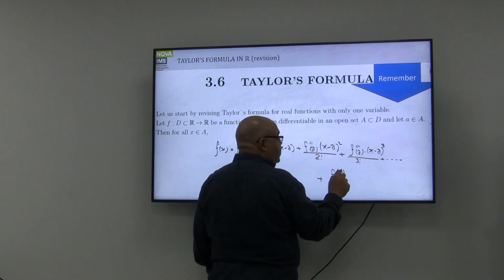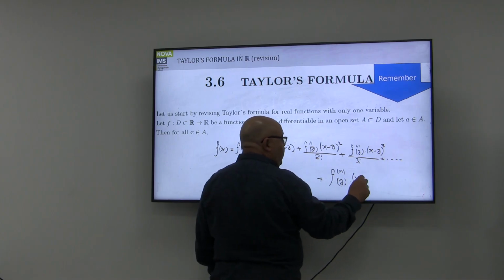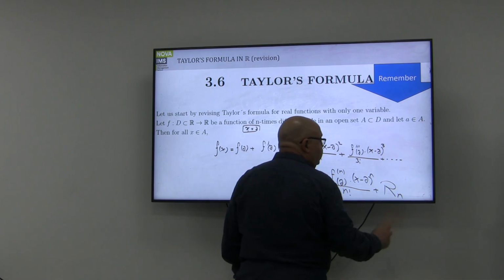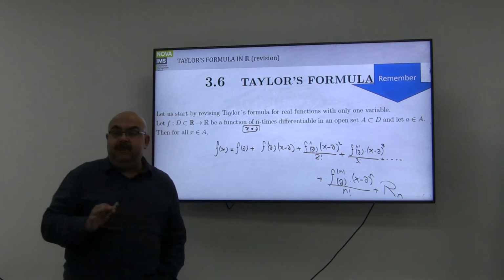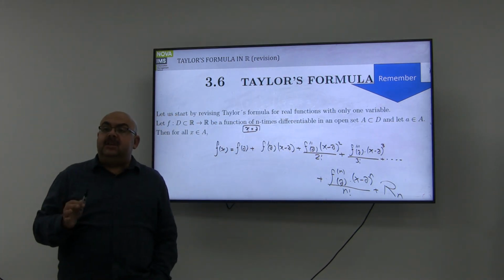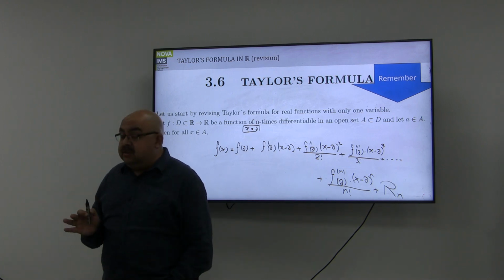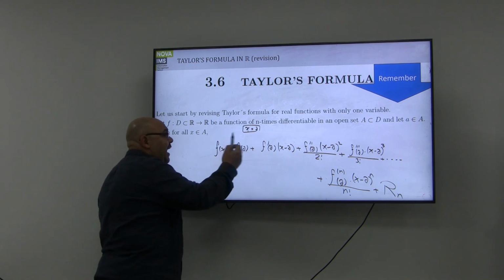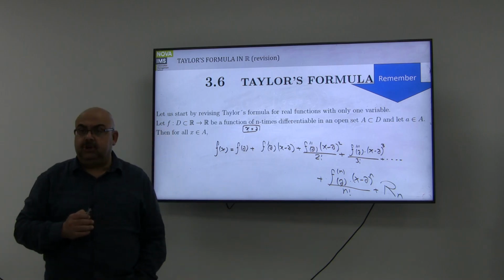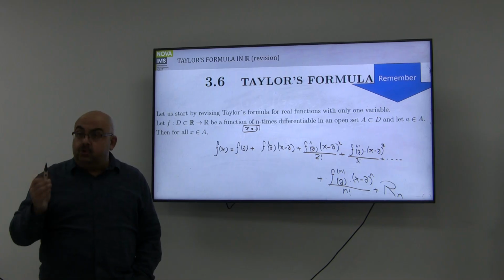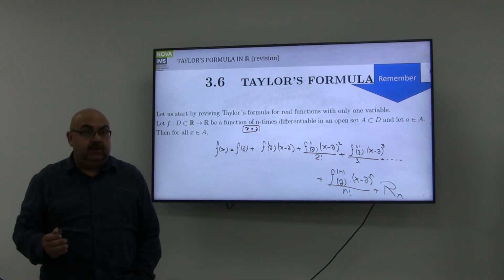So this is the nth derivative of f at a times x minus a to the power of n divided by factorial n, plus the remainder term. The remainder term makes the difference between the function and the polynomial in approximation. So this is mainly how to approximate a function using the polynomial of Taylor.